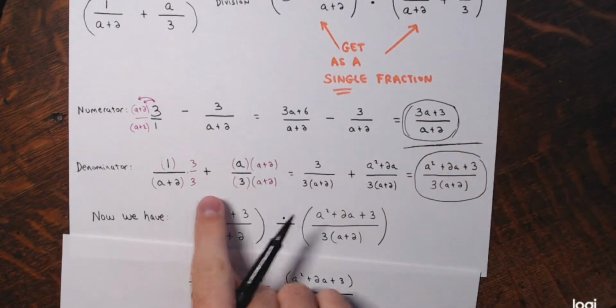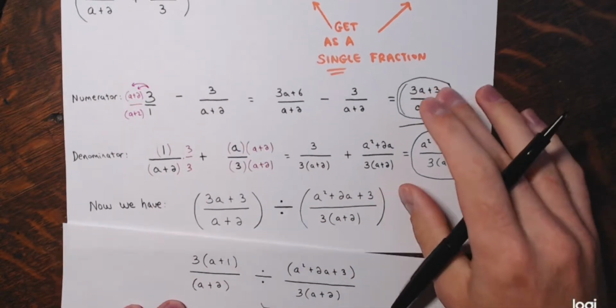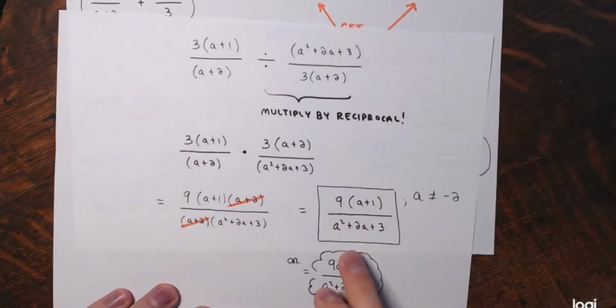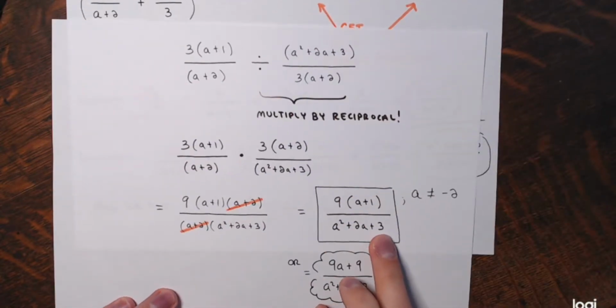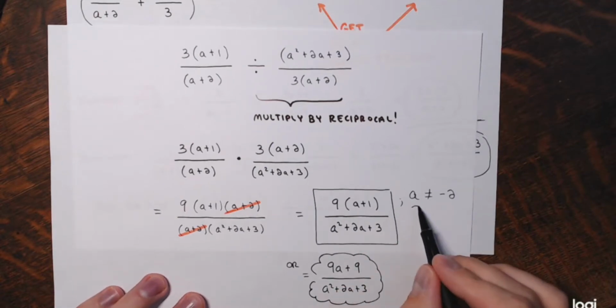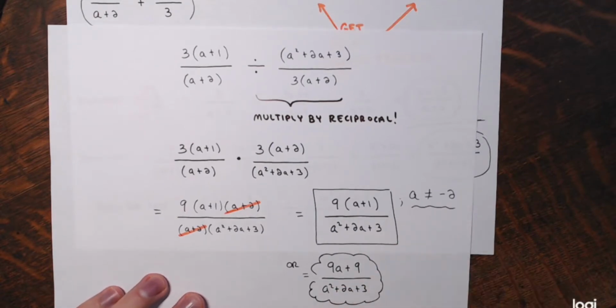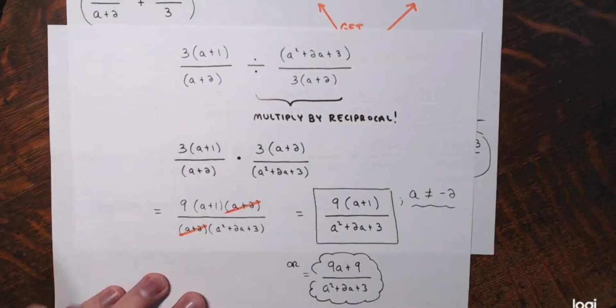Same thing with the denominators here. A squared plus 2a plus 3 is in the denominator, but that'll never be 0 for real numbers. So this is the only value that's not allowed. So you can replace a with any other number you want, and the value of the original expression should be the same as the value of this final one.